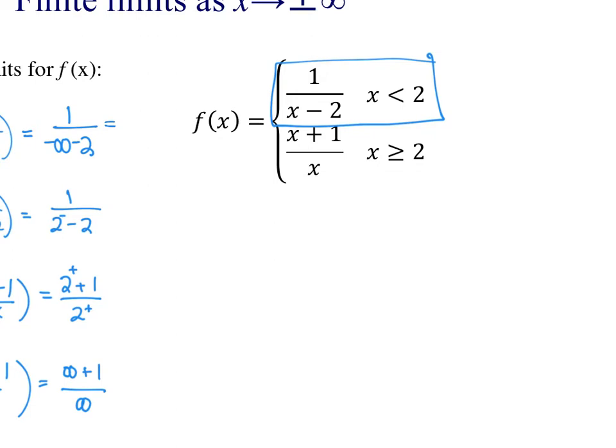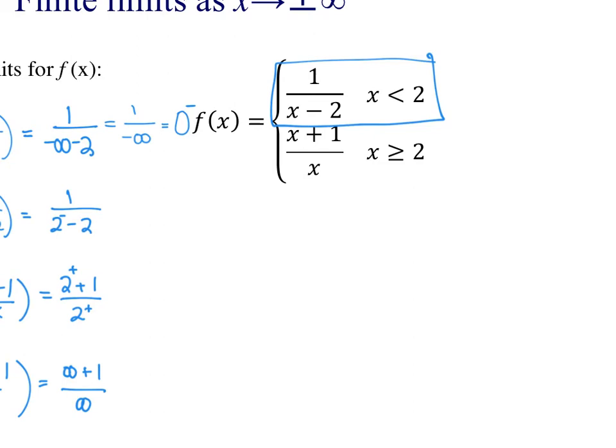Negative infinity minus 2 is still negative infinity. So I have 1 over negative infinity. That is not indeterminate. That is just dividing by the largest number possible. So the answer to that, I'm going to have to squeeze it in here, is the smallest number possible with a minus sign, with a left.